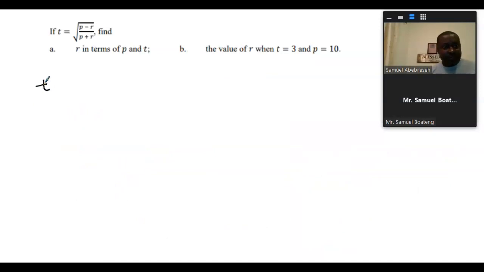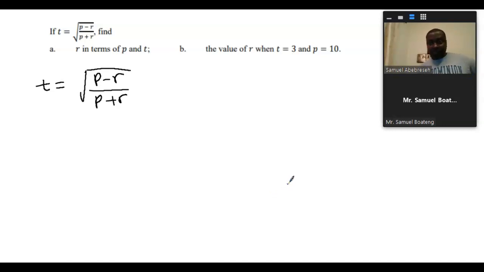Now, by now, you know how to make variables the subject. We want to solve another one which will involve substitution. Okay. So, looking at the screen, T is equal to square root of (P minus R) over (P plus R).